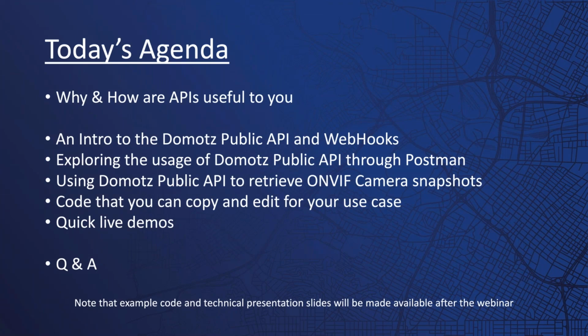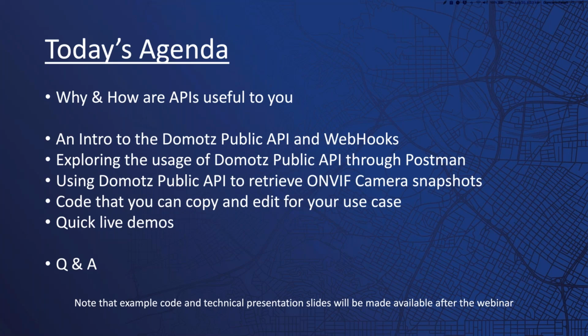In today's agenda, I'm going to talk very quickly about how and why APIs are useful to you as an integrator, as a service provider. Then Giancarlo and Jacopo are going to go through what these APIs are, how to use webhooks, and the benefits of them. We'll explore the usage of these APIs through tools like Postman.